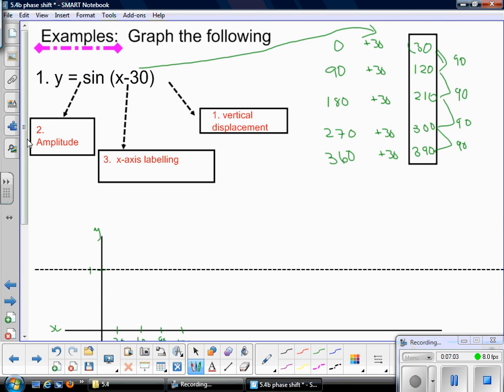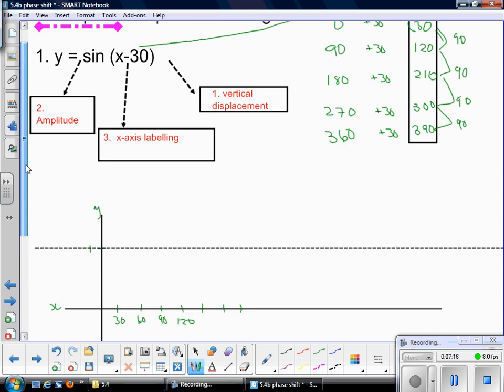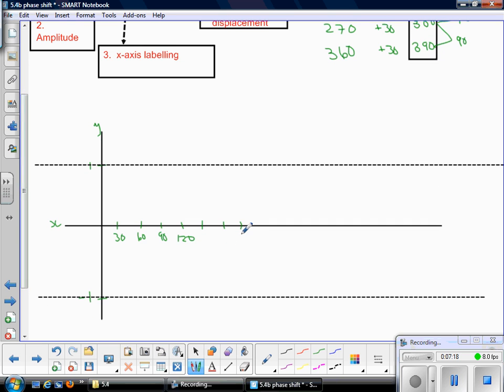There it is there. So what I'm going to do is I can see that after that one I have 1, 2, 3. This would make another 90. So that's my next point, which would be 210. 1, 2, 3.